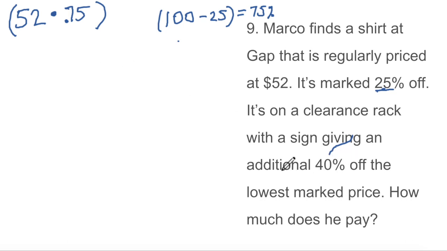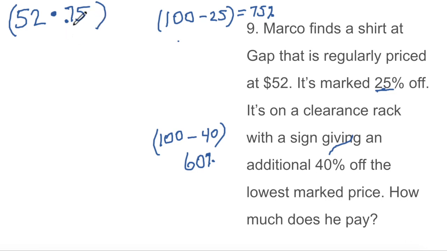And then they're saying that he gets an additional 40% off the lowest marked price. Well, what is an additional 40% off? Well, let's see. That's 100 minus 40. So he would still pay 60% of the lowest marked price. So 40% off means that he still has to pay 60% of the lowest marked price. And let's see.